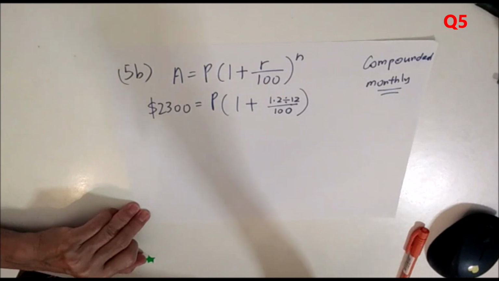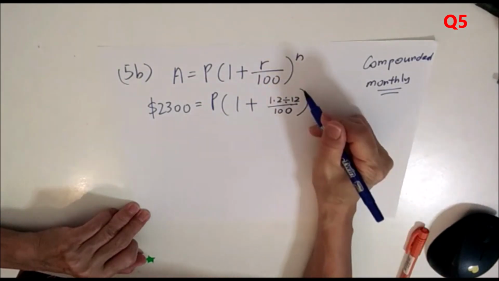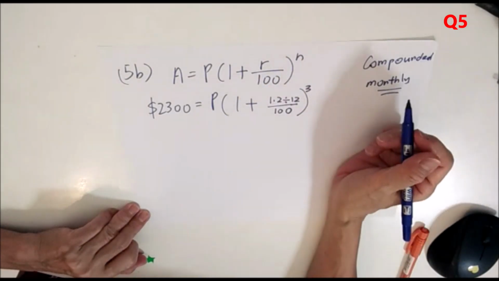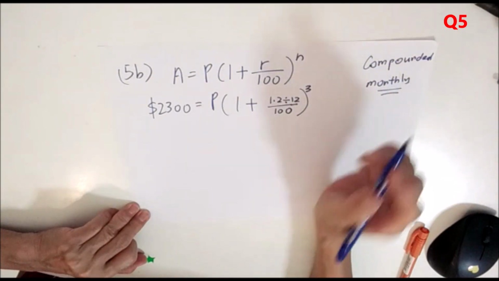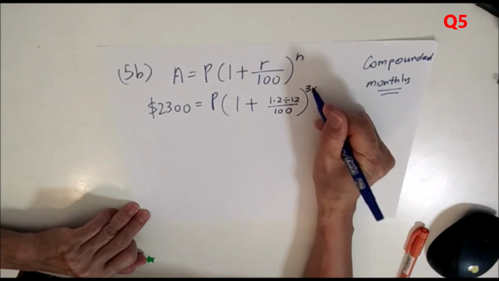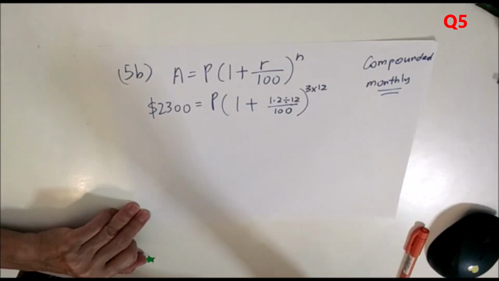And it's kept in the bank for 3 years. So 3 years, for each year, you will compound 12 times because there are 12 months in the year. So for 3 years, you will compound altogether 36 times because there are 36 months in 3 years.